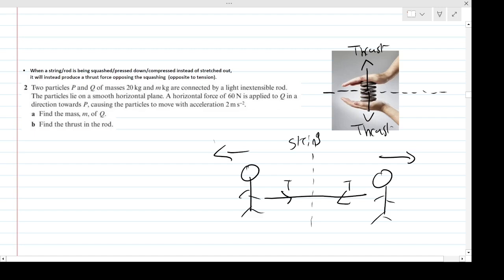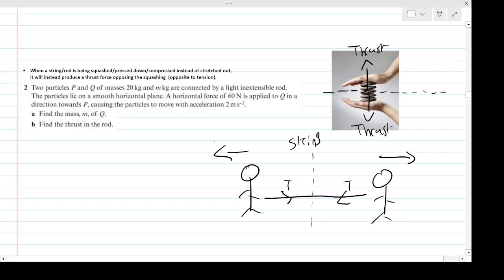So again, the idea is just the force in the string or whatever is trying to oppose the motion happening to it. So if it wants to stretch, it's going to oppose the stretching, or it's going to oppose the compression. Okay, so hopefully with me there.